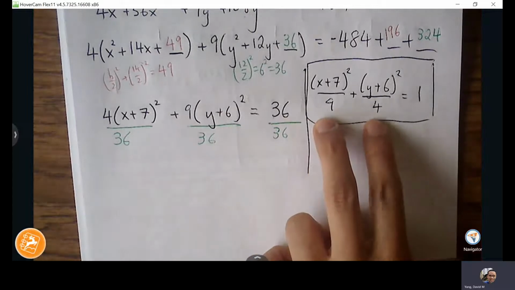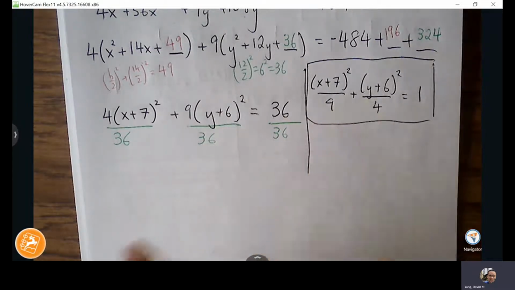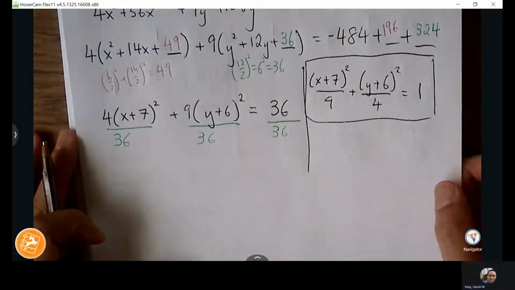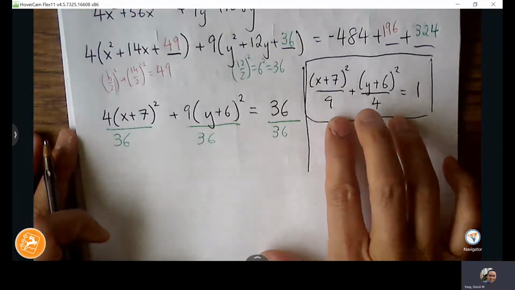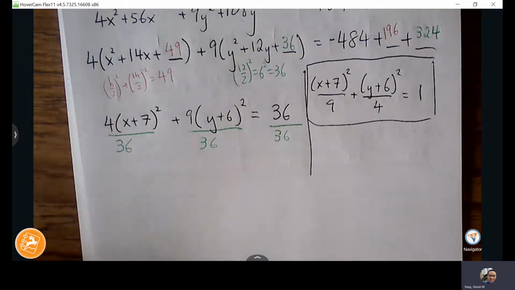Okay, so now we're back to nice, clean, perfect squares for our a and b value. So now it's just going to feel like yesterday, right? Just getting your a, getting your b, getting your center, graphing, finding your vertex, co-vertices, your c value, your focus.